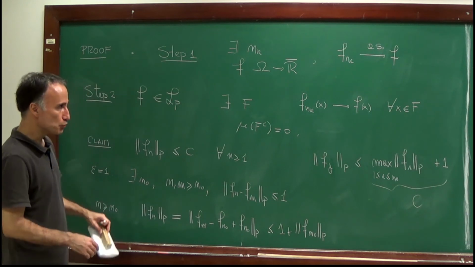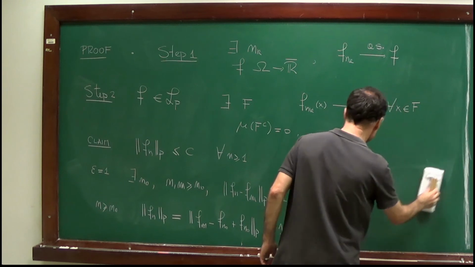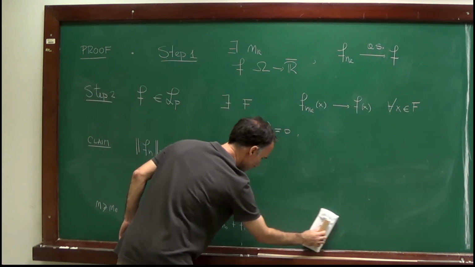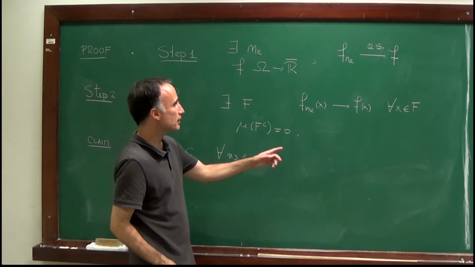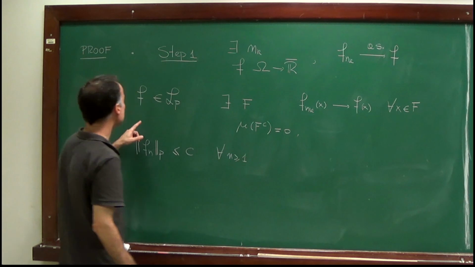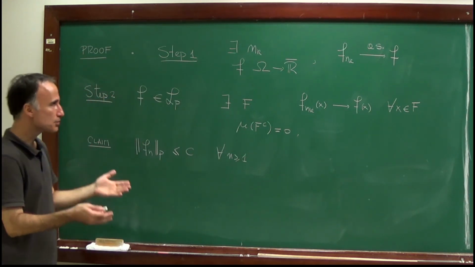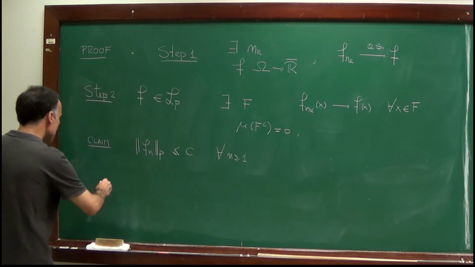So let me erase the proof of our claim. And now let's prove that f belongs to Lp, which is our second step. And this is essentially a simple consequence of Fatou's lemma, right?